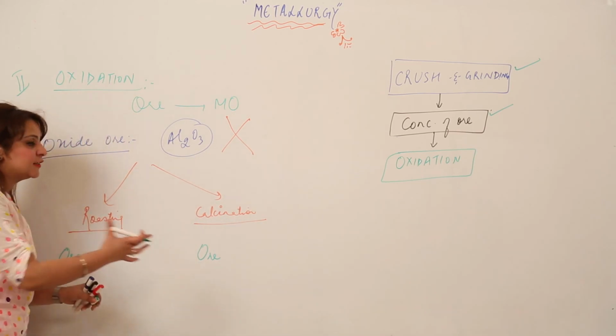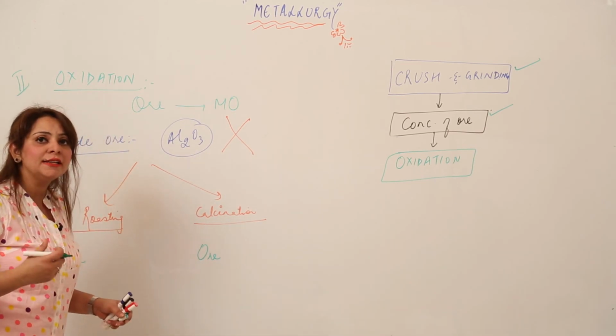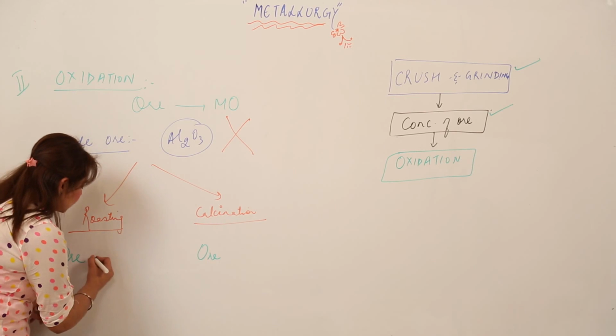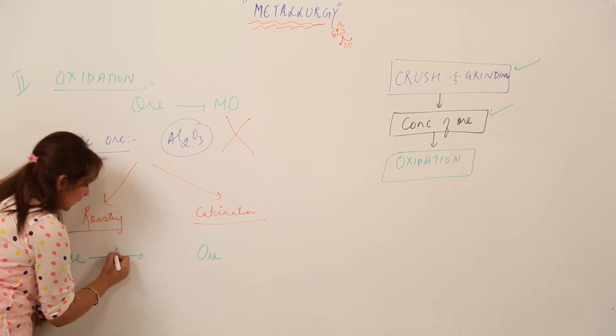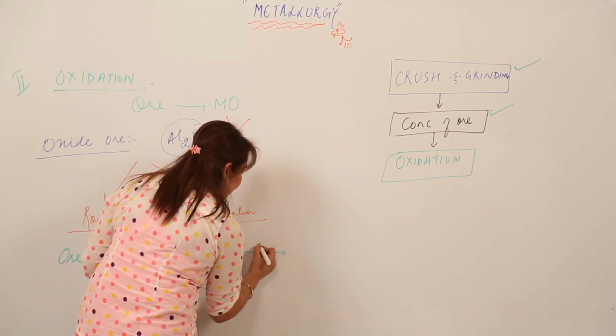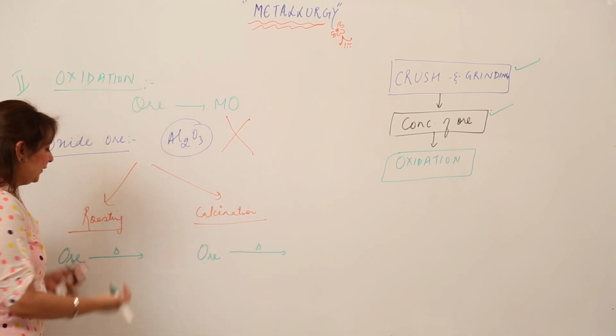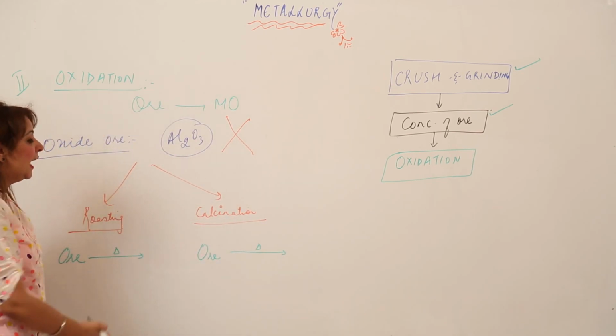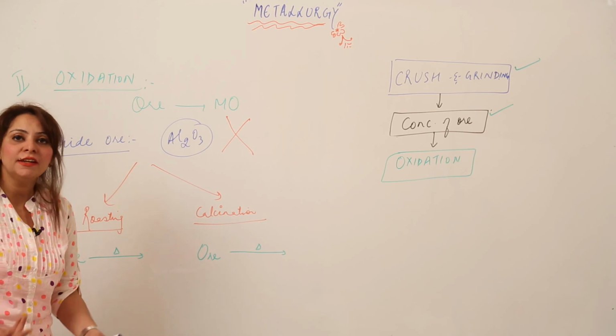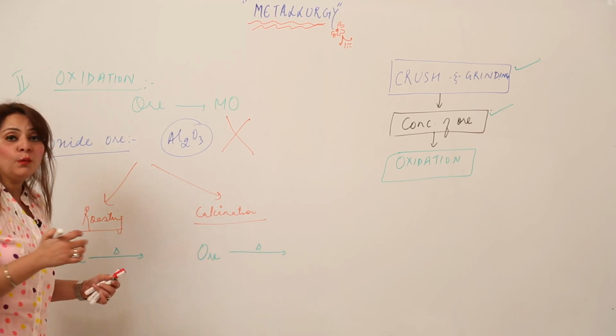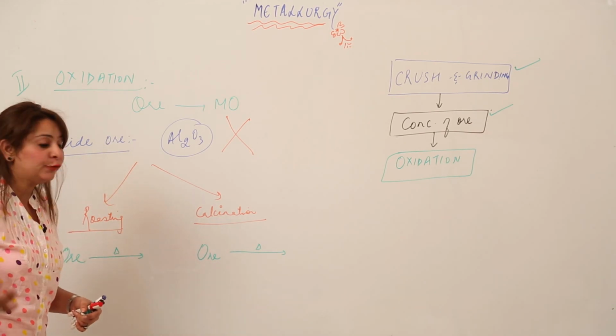So here we have the concentrated ore, whether it is roasting or calcination. We are heating ore in roasting. Similarly, in calcination we are heating ore. So again the similarity: we are heating concentrated ore in both. But do you know where the difference lies?